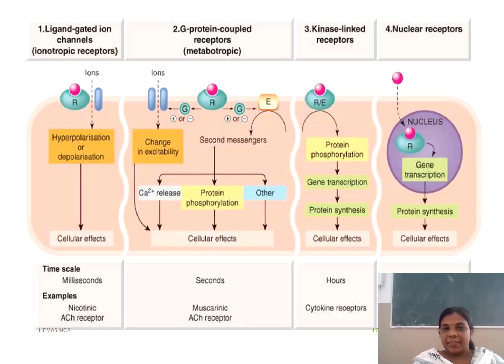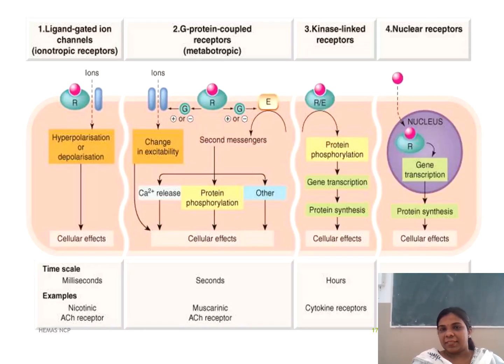So here in this diagram we can see the ligand gated ion channel receptor, the ionotropic receptor. Second one is the G protein coupled receptor, then the kinase linked receptor, and nuclear receptor. Receptors are specialized proteins that recognize drugs, hormones, or neurotransmitters, and convert binding into a biological response.